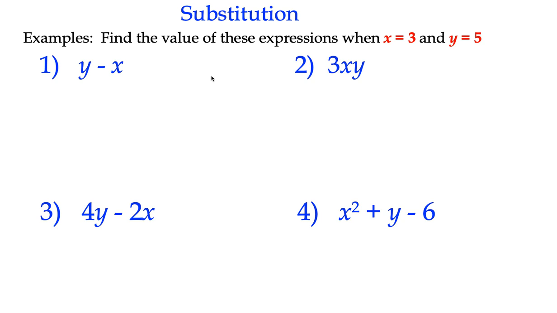Okay, so in this particular case we're told that x is a value of 3 and y is a value of 5. Now remember, when we're substituting into an expression, the first thing you're going to do is write down the expression you're given, y minus x. The second thing you're going to do is not work out the answer, but rewrite the expression, replacing the y letter with the number 5 and the x letter with the number 3.